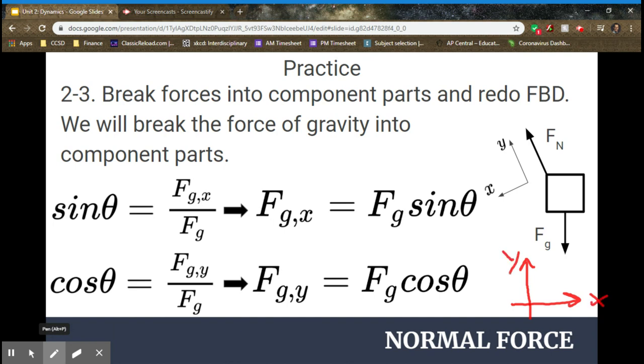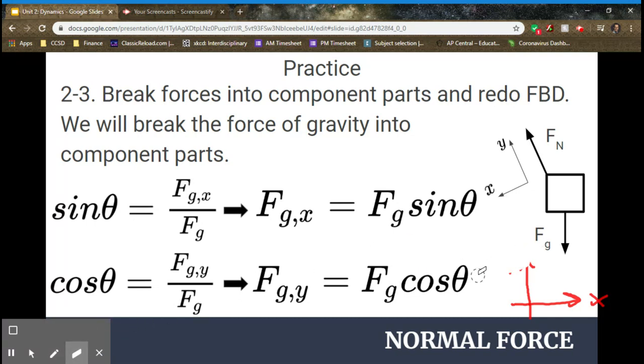In this case, I'm going to change it. I'm still going to keep the x and the y perpendicular to each other. But to make my life a little bit easier, I'm going to make the direction my normal force is going my positive y direction. So now my normal force is only in one direction. I'm going to make down the ramp my positive x direction.